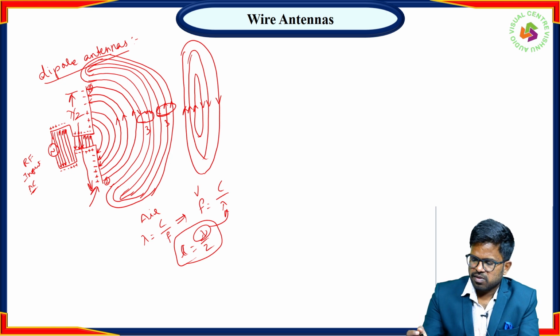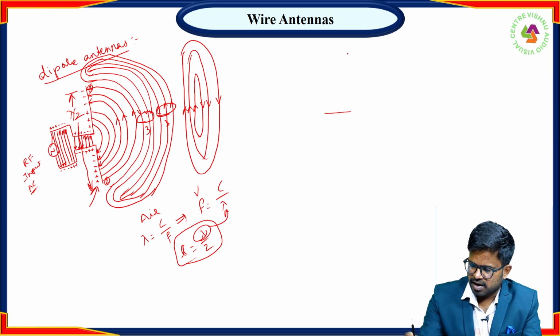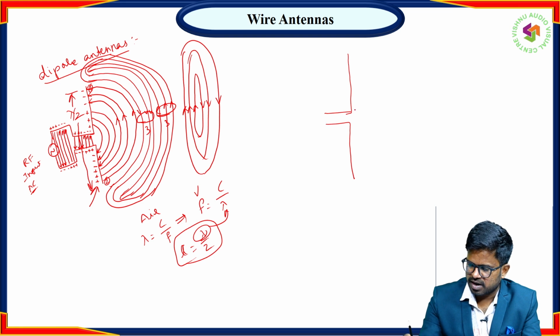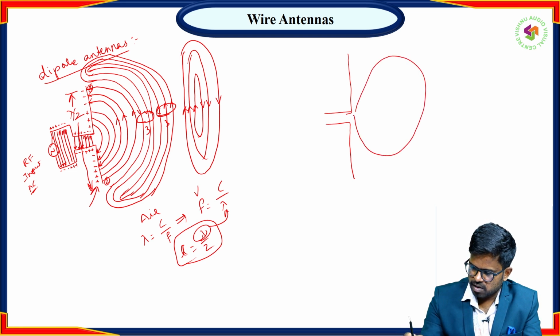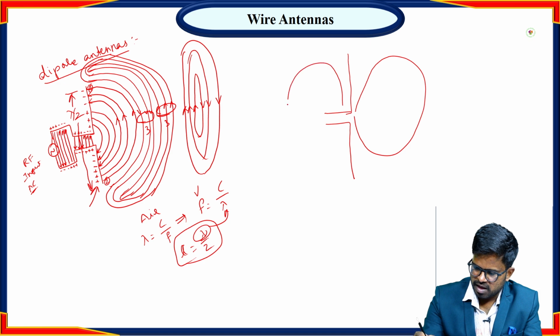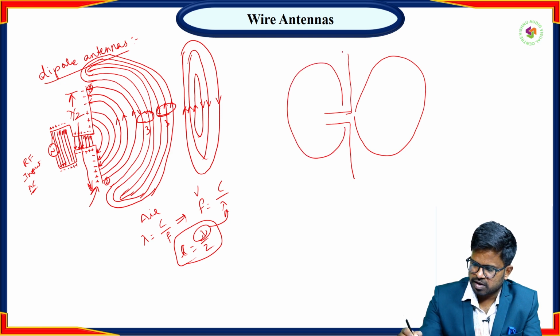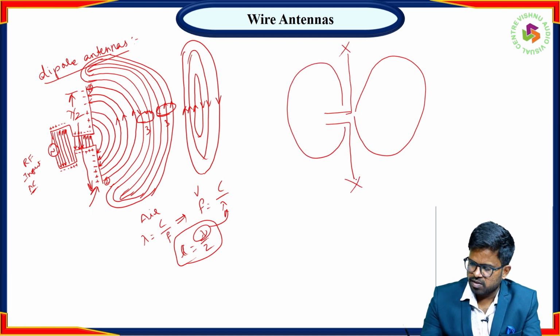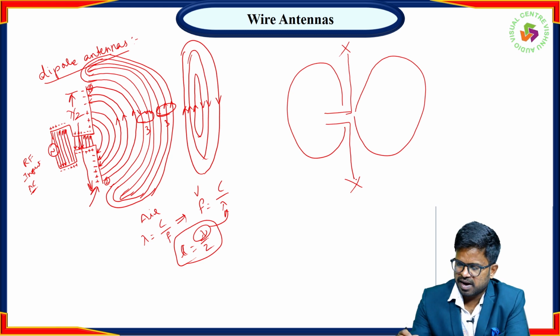Okay. So for this dipole antenna, normally they are radiating signals in all directions, except to top and bottom. So these antenna patterns, if we check here, they are radiating in all directions except to top and bottom.